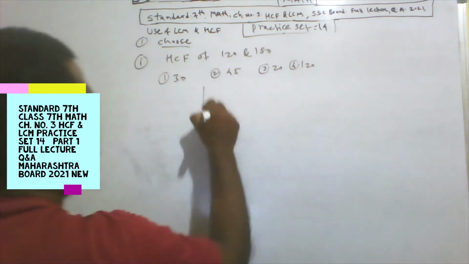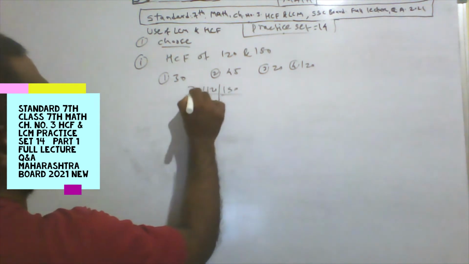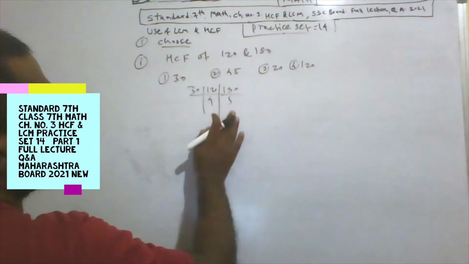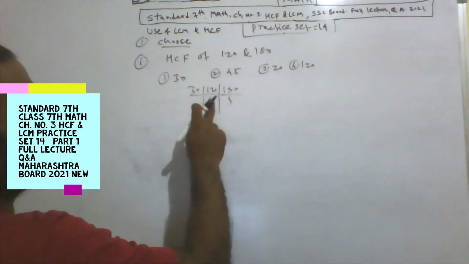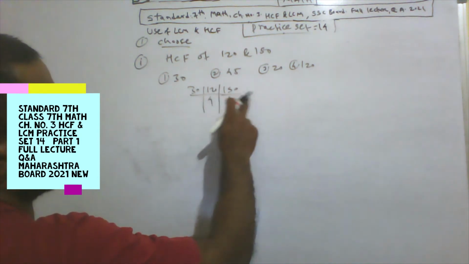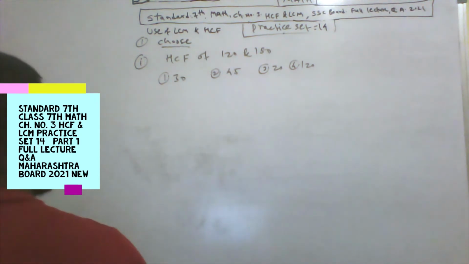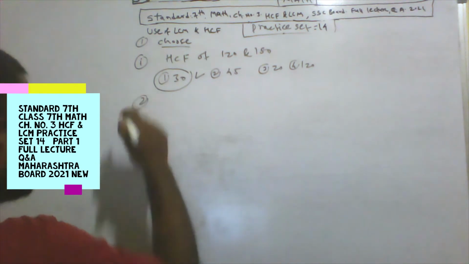Now find out 90, 120, 150: 3 thirties are 90, 4 thirties are 120, 5 thirties are 150. They can't be divisible by any more numbers, so 30 is the answer. Option 1 is the answer.